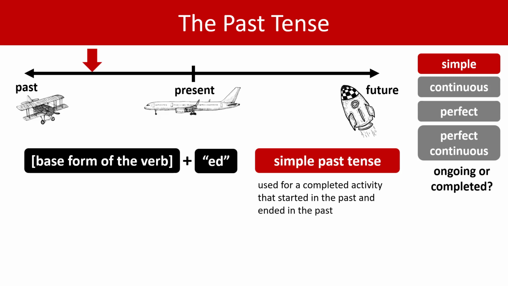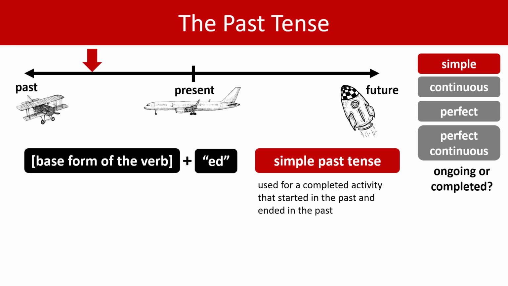Sometimes you have to double the last letter of the base form, sometimes you have to just add d. And some of them are irregular. There is more about regular verbs and irregular verbs on the website. The main purpose of this video is to look at the different aspects and how they are formed.